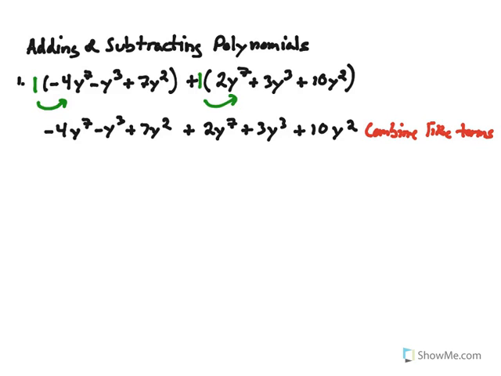let's look at the first term, negative 4y to the 7th. Coefficients don't have to be identical. It's the exponents that have to be identical. So we want to look for exponents with 7. So we have this term and this term. They both have y to the 7th.